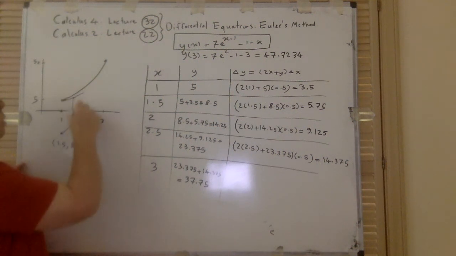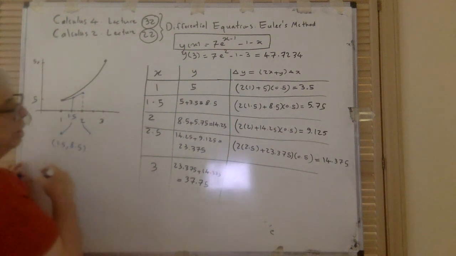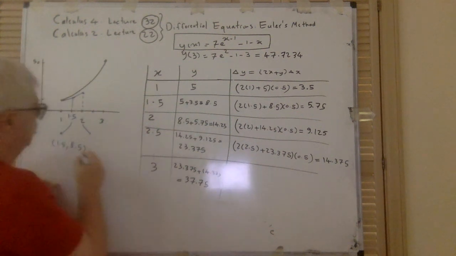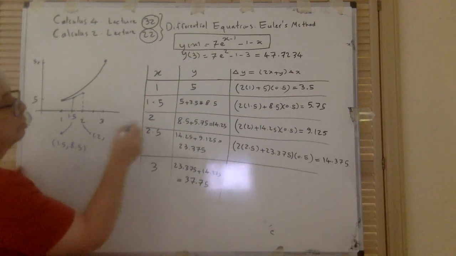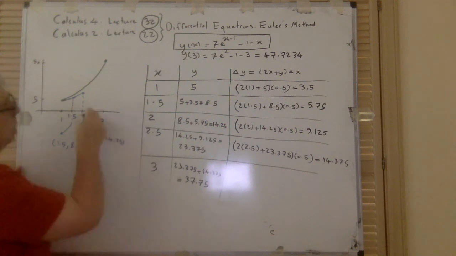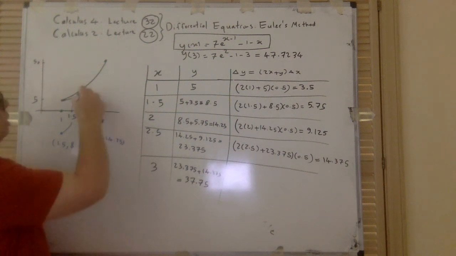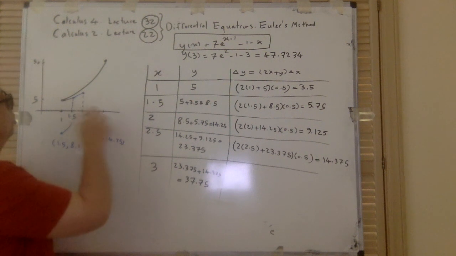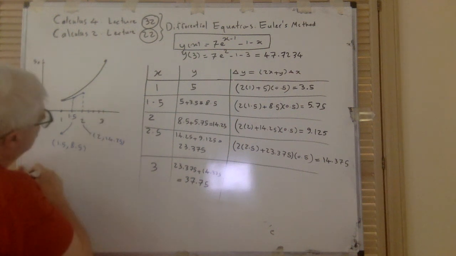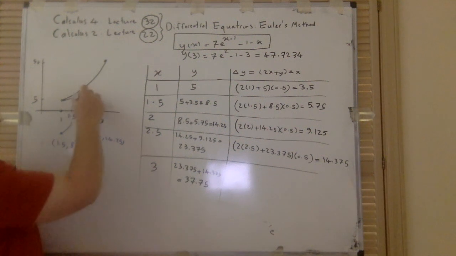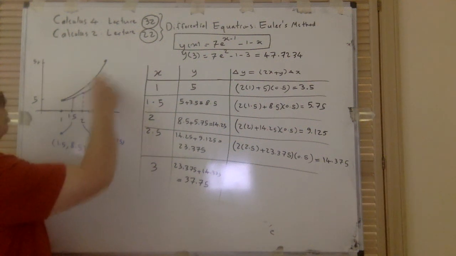Then at 2, I continue like this. At 2, I have 2, comma 14.25, and this continues up to 2.5. So then this goes here, then this goes here.